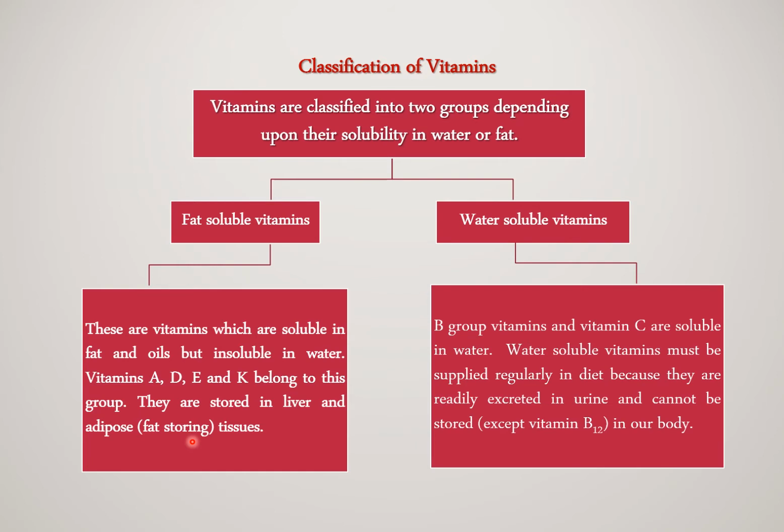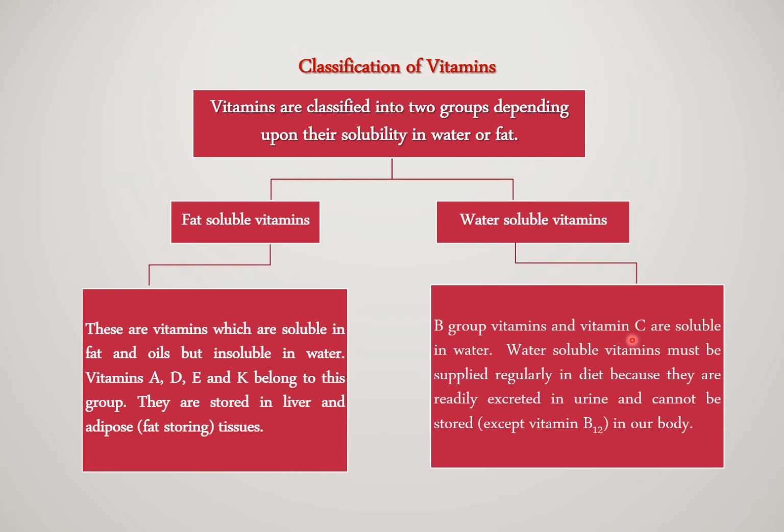Let us proceed towards the water soluble vitamins. As the name itself tells, they are all soluble in water, like vitamin B and vitamin C. They are both soluble in water.